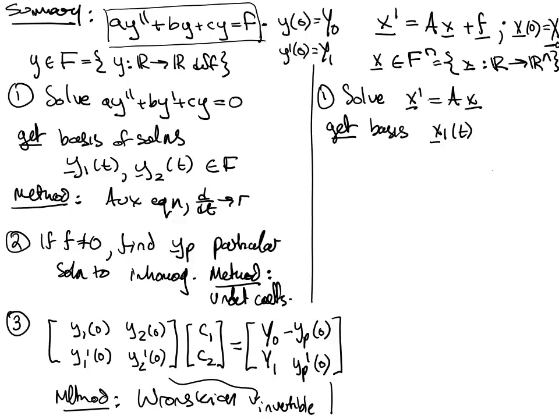I'm putting an underscore here because these are vectors. These are not the entries of the function x. And these ended up coming from eigenvalues and eigenvectors of the matrix in the system. And maybe you had to do a little bit more work when they were complex, but the method was basically diagonalization.